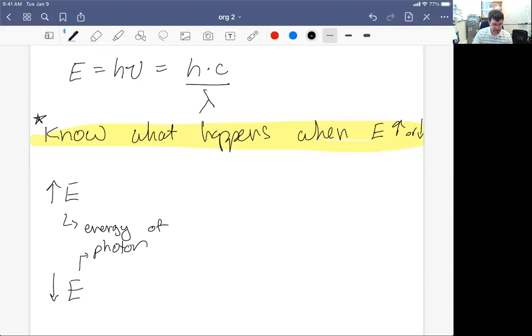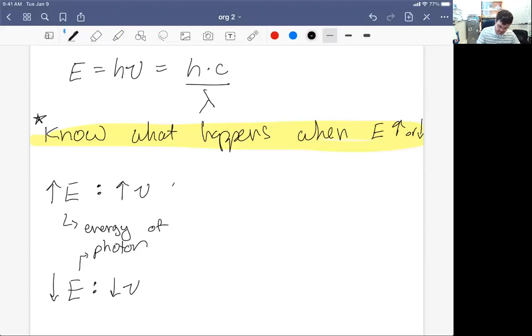When the energy of a photon increases, what happens to those two properties of the photon waves that we were looking at, the frequency and the wavelength? Well, according to these equations, when the energy increases, the frequency must also increase. And if the energy decreases, the frequency must also decrease. So frequency is directly proportional to the energy.